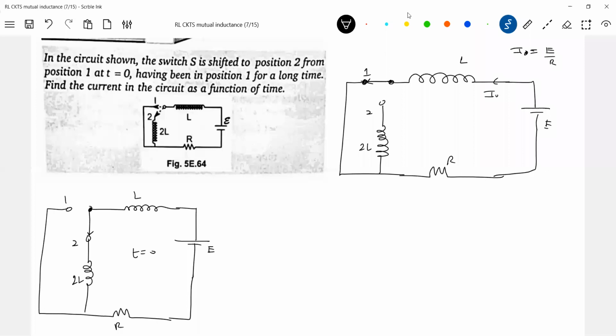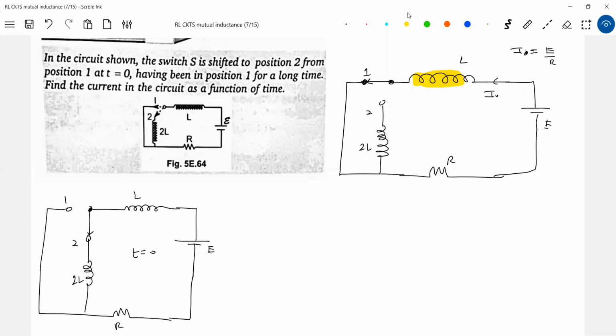Now there was a flux. When you move the switch from 1 to 2, this inductance will get added to the circuit in series. So what happened to the flux? Flux cannot change abruptly.